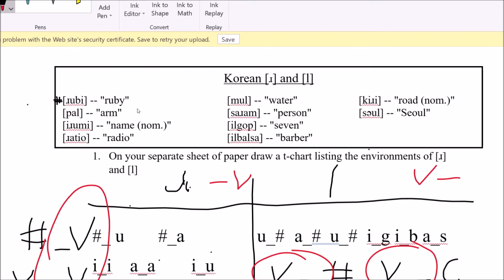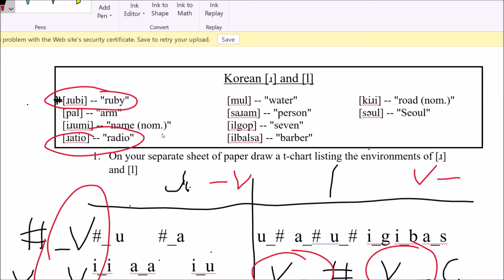But if you are really keenly noticing, you can see that in these words where it appears at the beginning of a word, there are always words like ruby or words like radio.